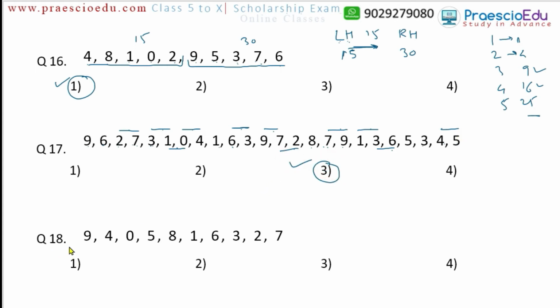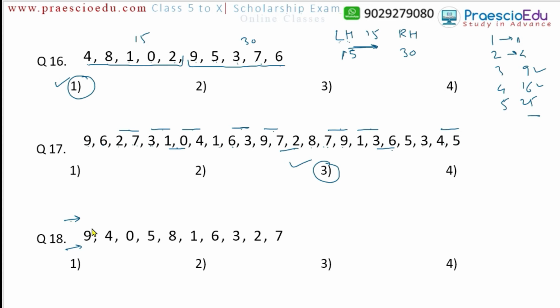Now question number 18, number series. If the digit at the fifth place is divided by the digit at the second place, which digit in the series is equal to the quotient? Okay, there is no mention of right side or left side, so in this condition we have to follow from the left side by default.